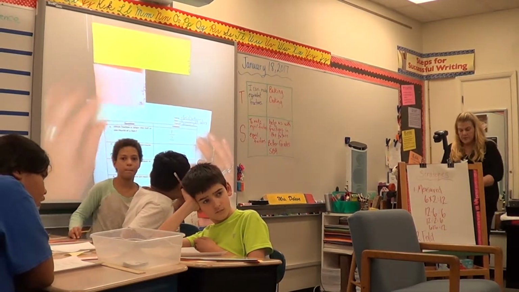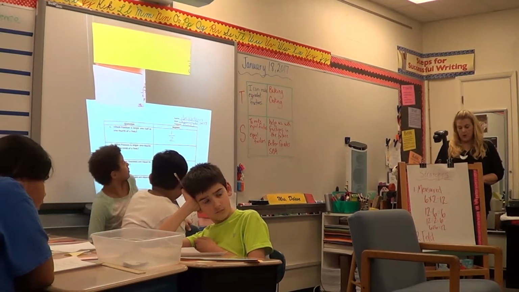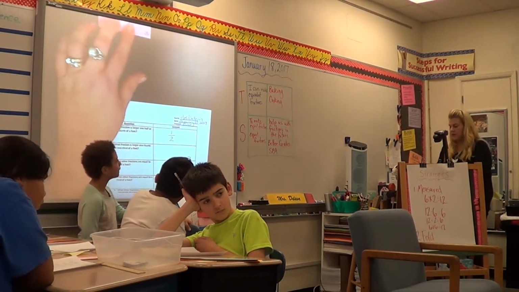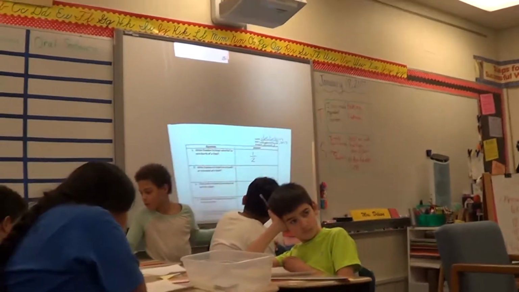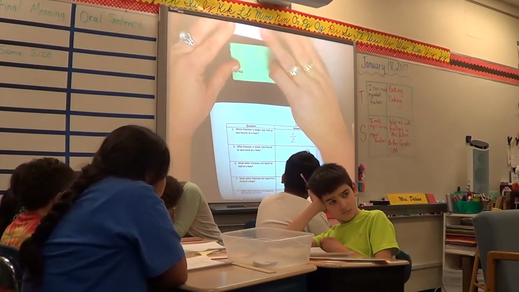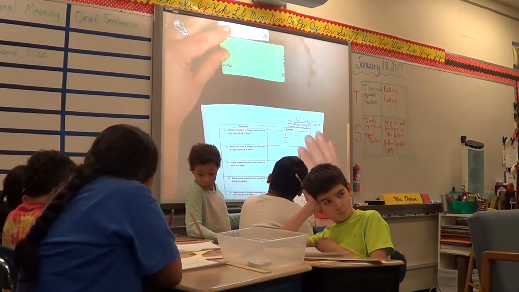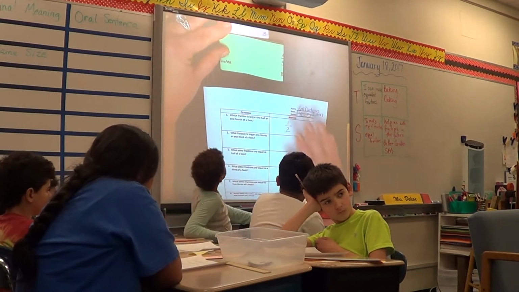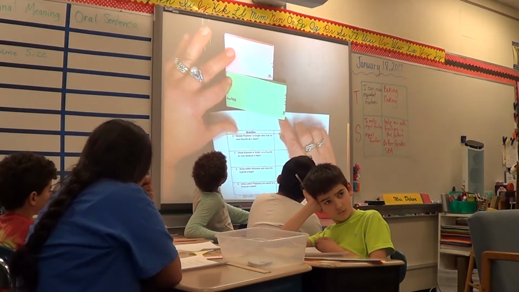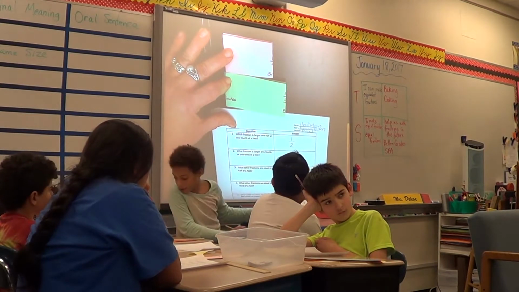All right, number 2 says, what fraction is larger, 1/4 or 1/3? So here's my 1/4, and here is my 1/3. And notice how I like the folding method because it really shows me right away the sizes. So which one of these is larger? Is it the 1/4 or the 1/3? 1/3.